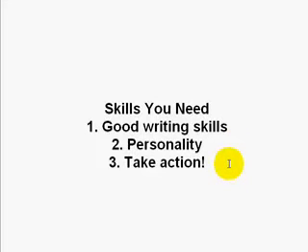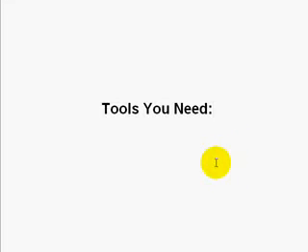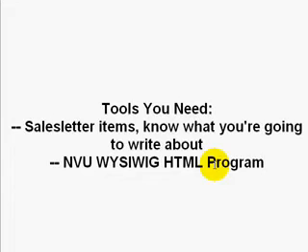So let's go ahead and talk about the tools that you need. I would call it really tools and concepts, because some of these things are information that you need to gather, such as sales letter items. You need to know what you're going to write about before you actually get started. If you're watching this video and you don't know what to write about, don't worry, you can figure that out later on.